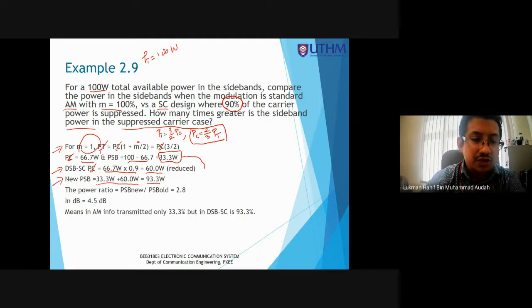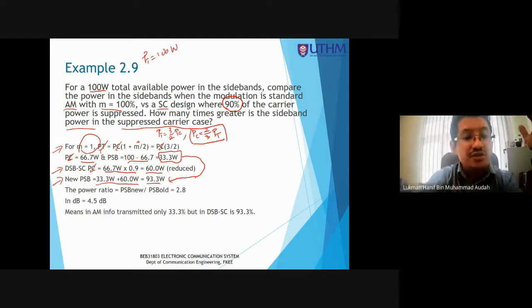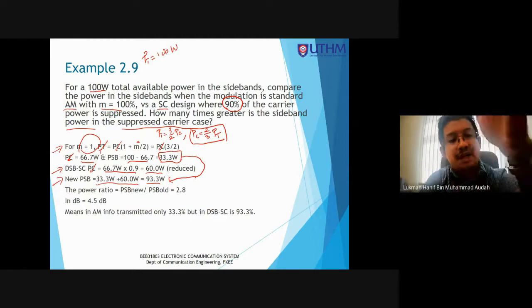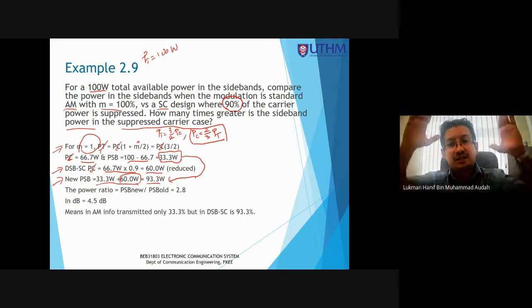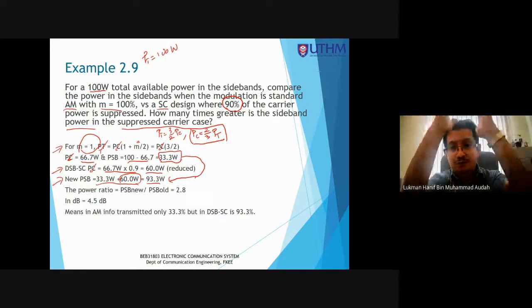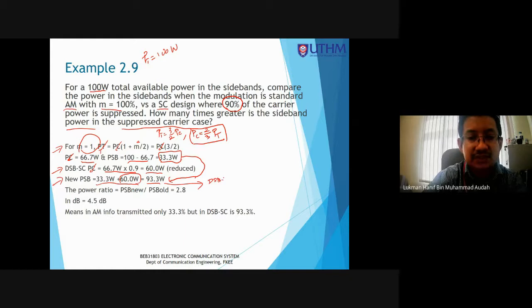After we change to double sideband suppressed carrier, we suppress 90%, and that 90% goes to the sideband power. So the new sideband power for the double sideband suppressed carrier modulation scheme is equal to 33.3 plus 60 watt. 60 ni daripada yang kita suppress tadi. So now sideband power menjadi besar, 93.3 for both, ini dalam double sideband suppressed carrier.